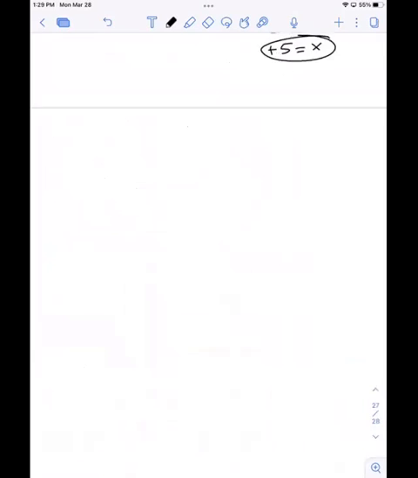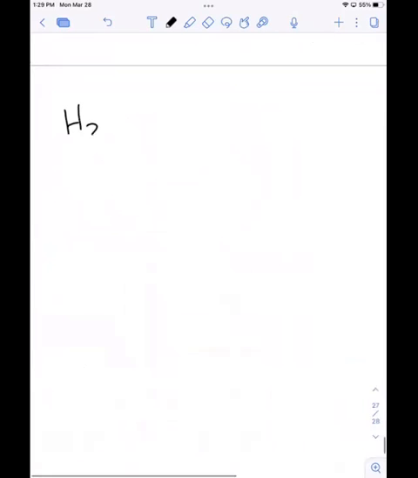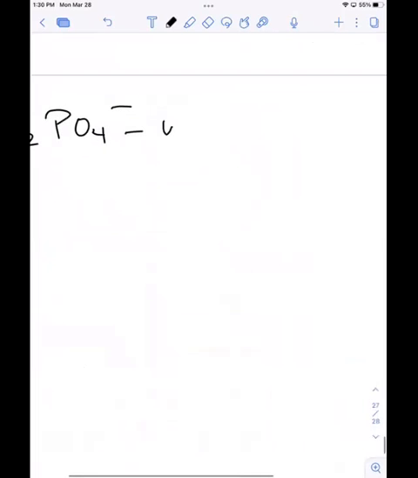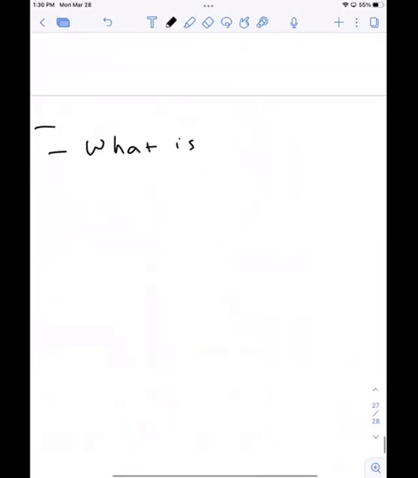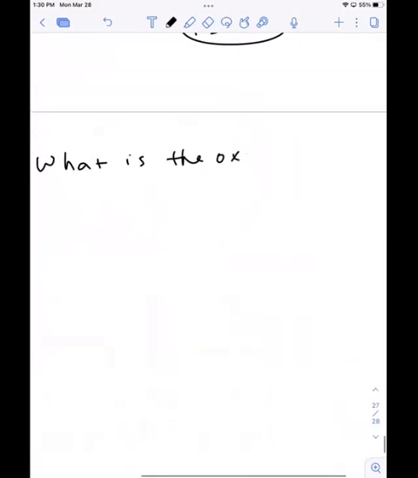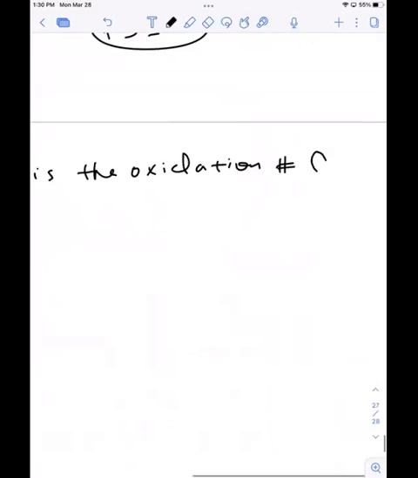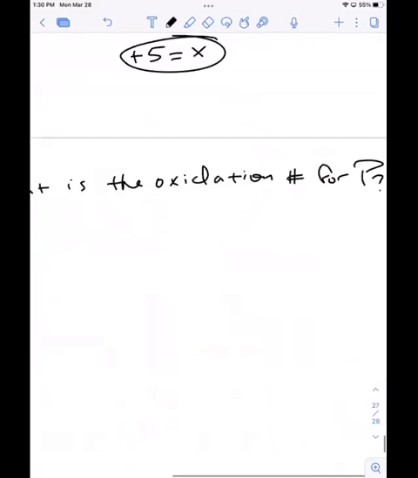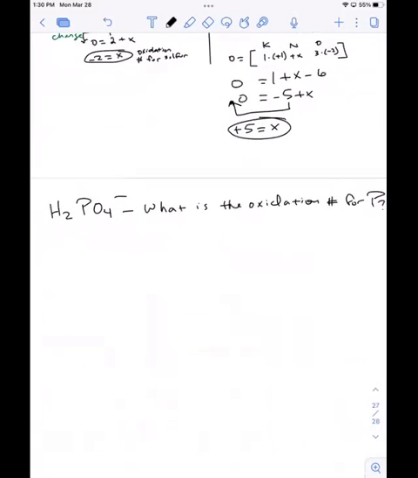We're going to take H2PO4 minus, and we're going to solve for P. Keep in mind, the overall charge is not 0, it's -1. So whatever we put together in our equation for all the atoms, we're going to set it equal to -1.